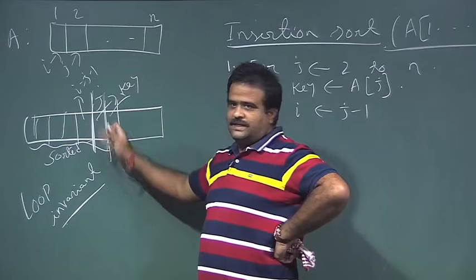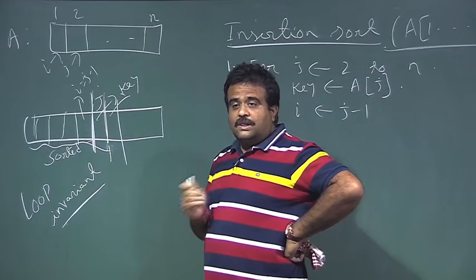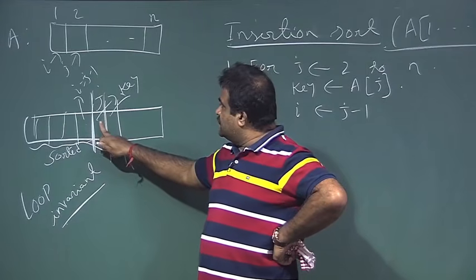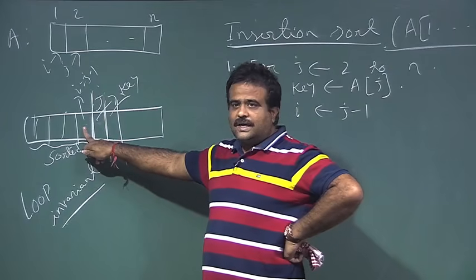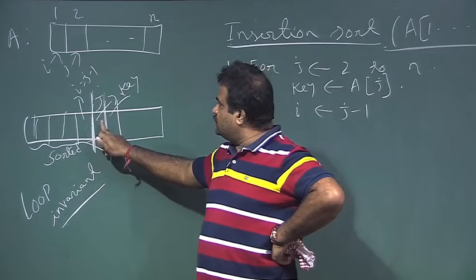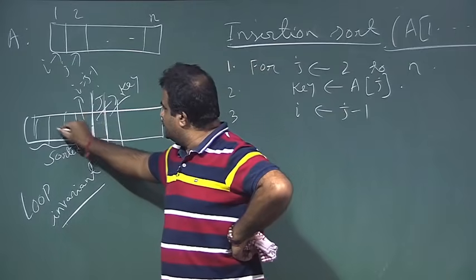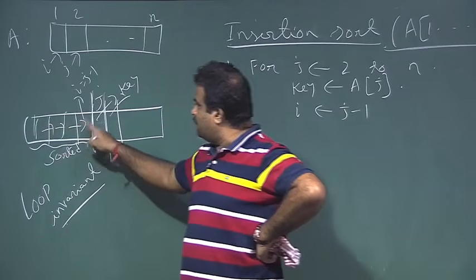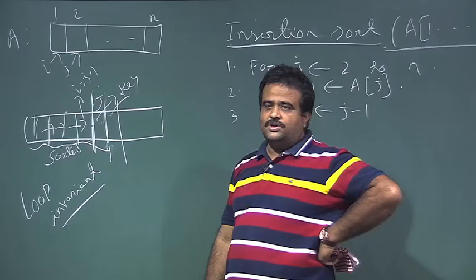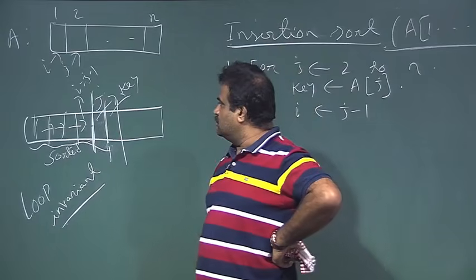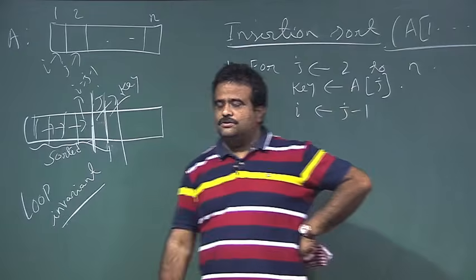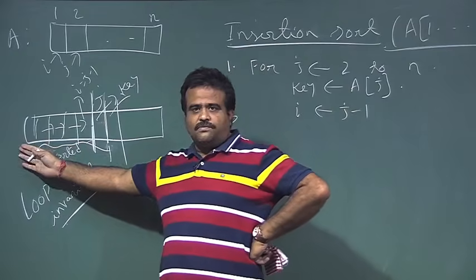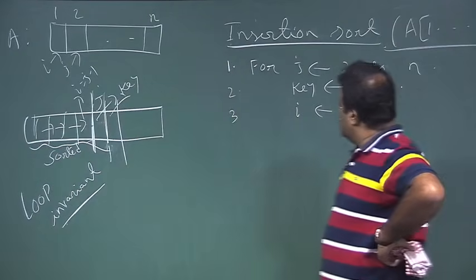Only if the key is less than ai do we need to find its position by shifting elements one by one, each time comparing the key with these values. This continues until i is equal to 0. If i is 0, we must stop, because there is nothing to compare.